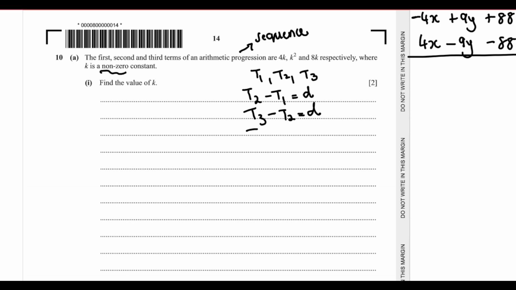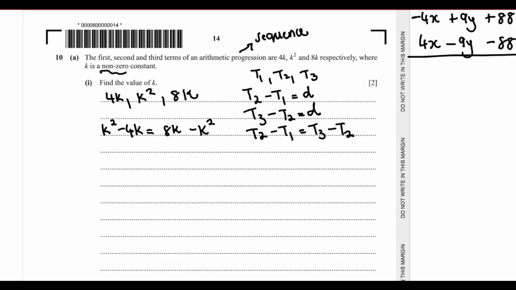So term 2 minus term 1 is equal to term 3 minus term 2. So we have 4k, k squared, and 8k. So k squared minus 4k should be equal to 8k minus k squared.